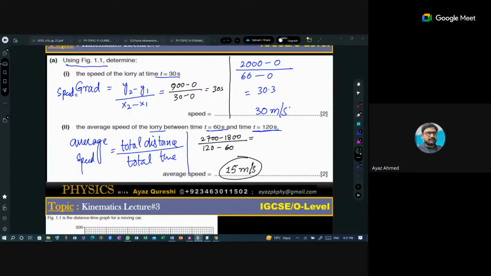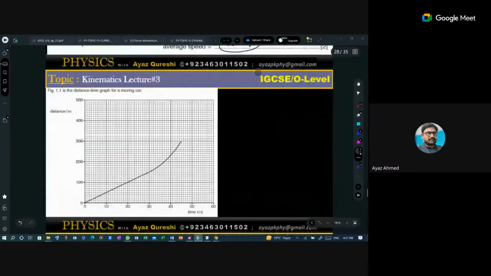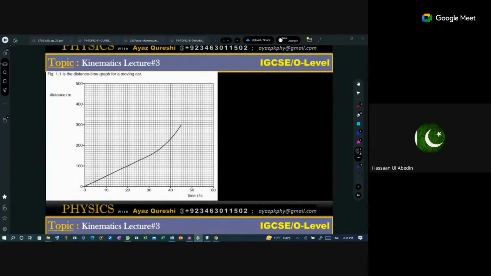So these types of questions are basically asked from the graph. Okay, should I move to the next question? Yes, sir. Okay, can you describe the motion of the body from this graph? It is constant speed and then increasing acceleration.